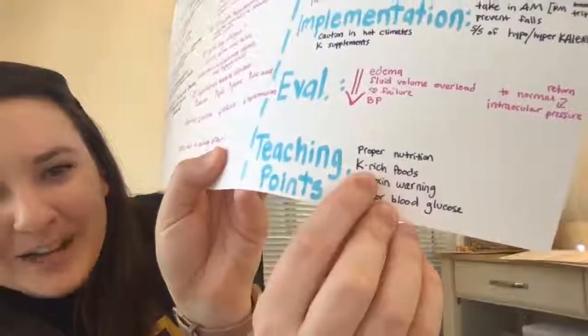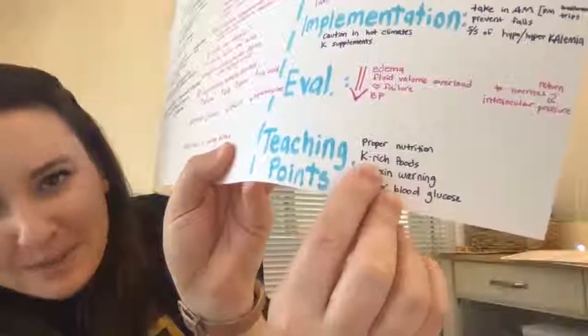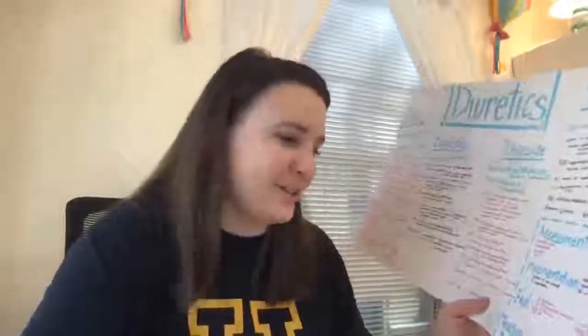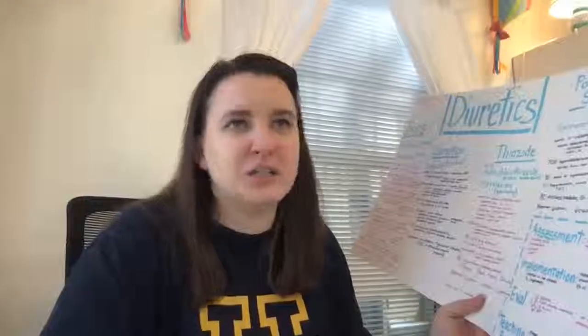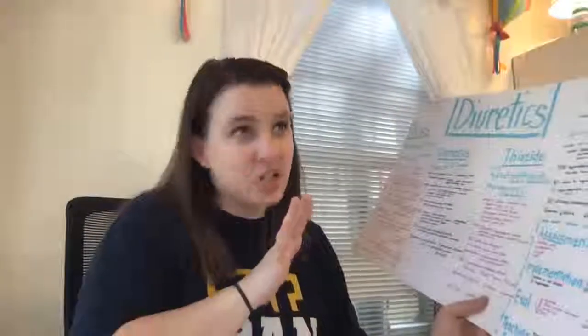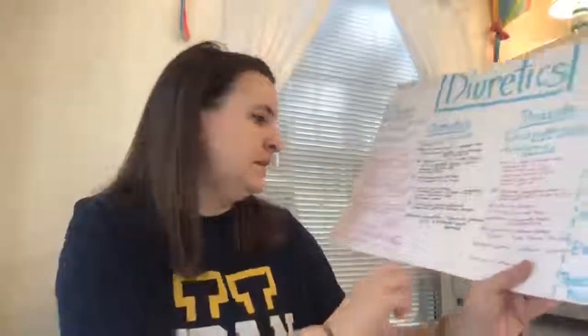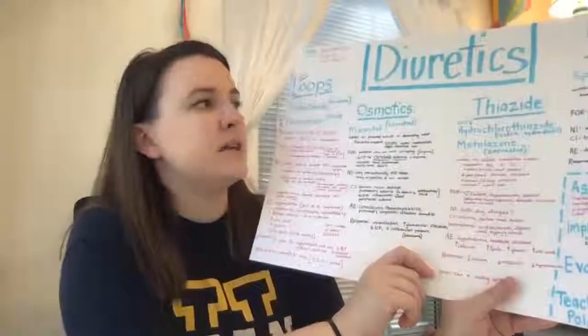It's potassium because potassium is K, but whatever. So eating potassium-rich foods. Give them a digoxin warning: don't take digoxin when you're on some of these drugs because there can be an interaction, and also monitor blood glucose levels. So those are the 4 categories of diuretics.